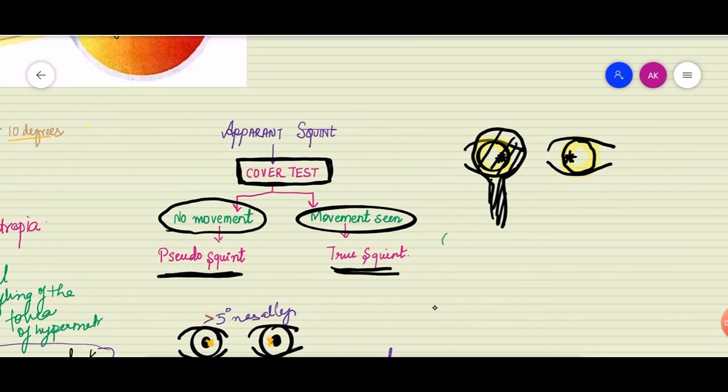Now one more question for you: why do we not see any redressal movement in pseudo squint? Okay, so this is a question for you.